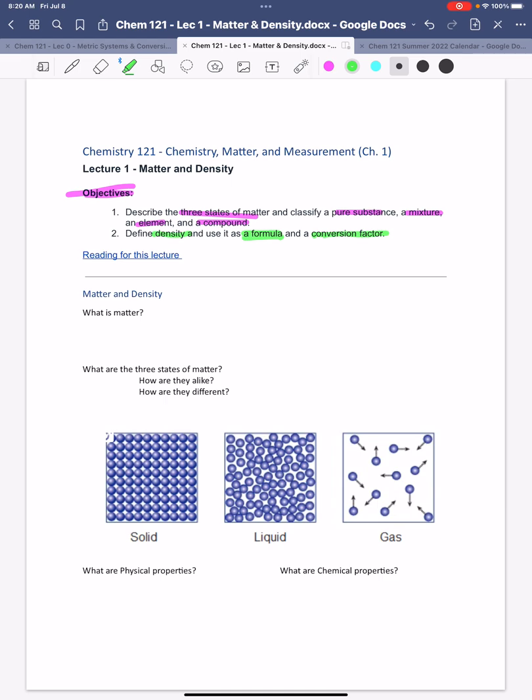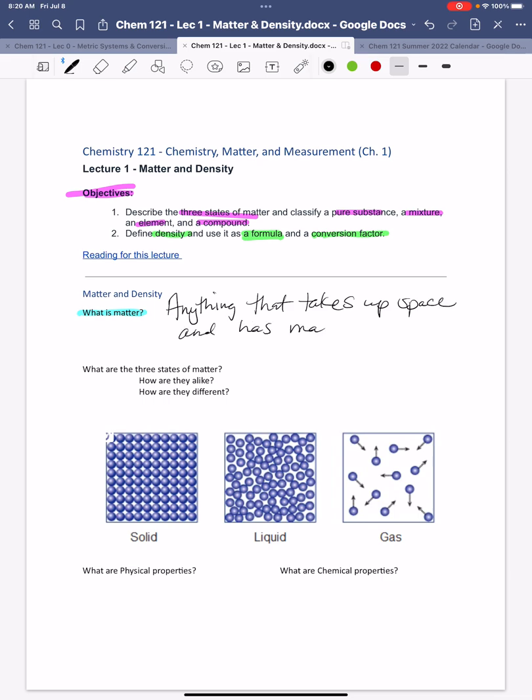So if I ask you a question about what is matter, the scientific definition of matter is anything that takes up space and has mass.